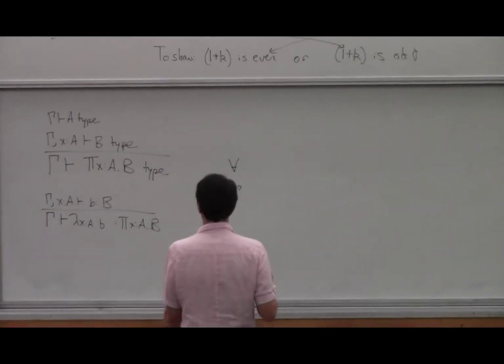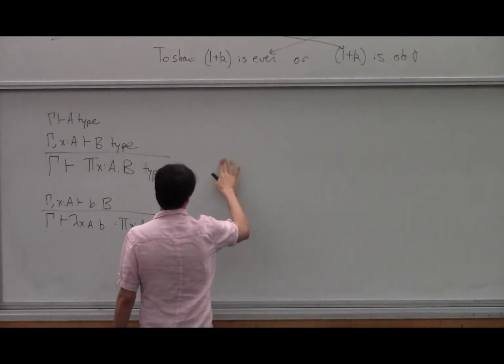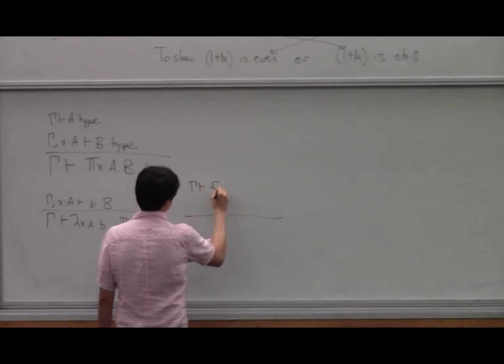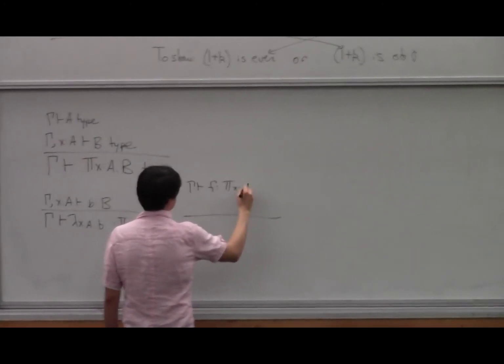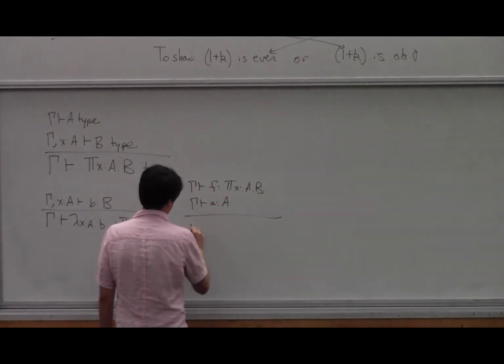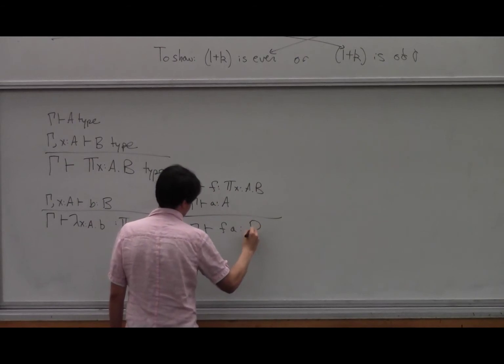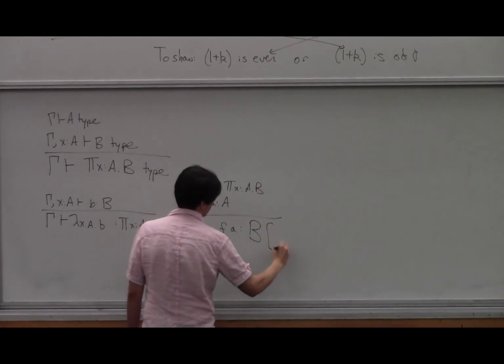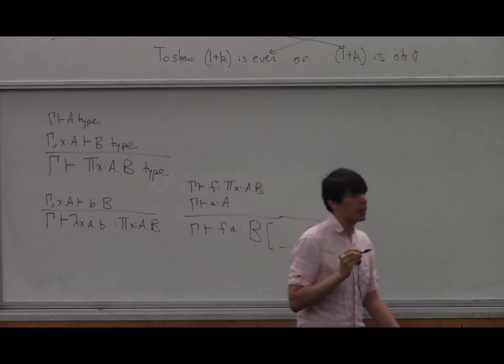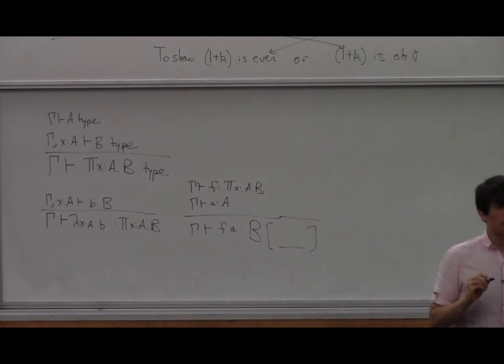Okay, and then the dual thing will be that if you have f, which is of type pi x colon A dot B, and then you have a in A, then function application of f to a has type B, except there's a little bit more to say, just like when we had the "for all" quantifier in System F yesterday being applied.